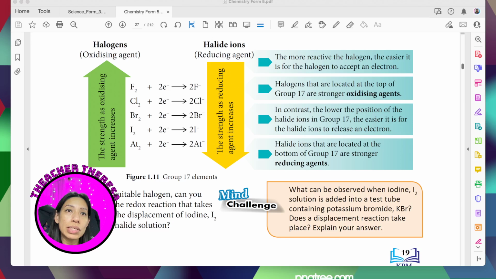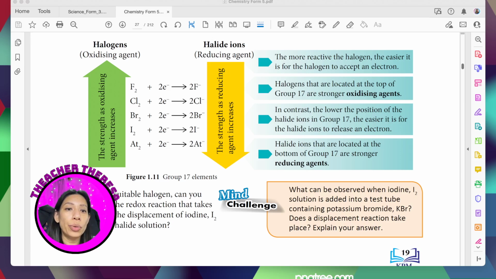Why? Because the size is smaller. So the ability to receive electron is stronger. When we talk about the function of being an agent, it will become a stronger oxidizing agent. Why? Because it undergoes reduction.